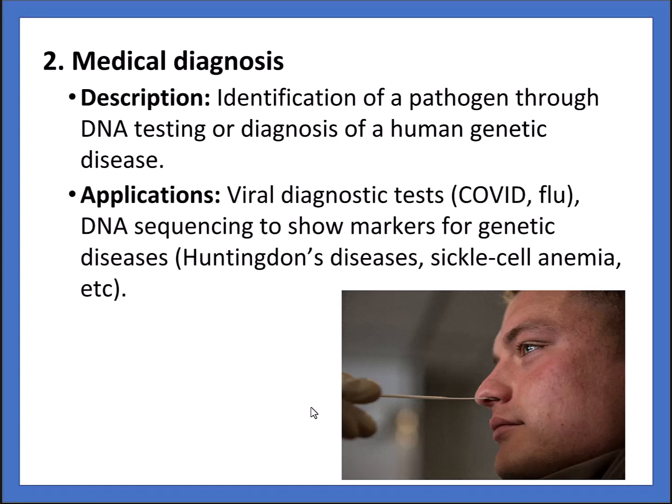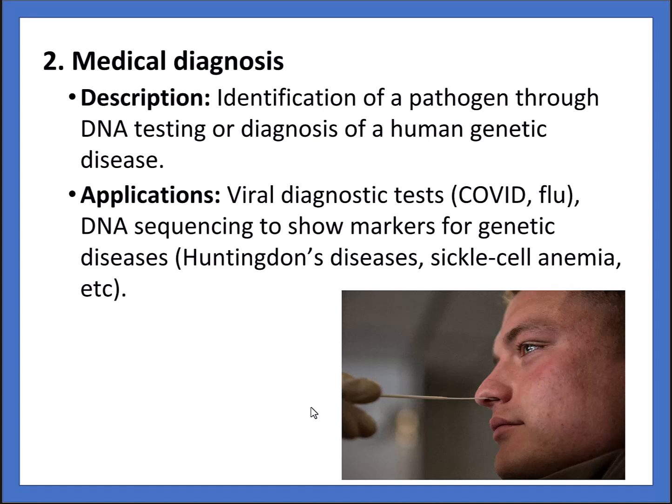Applications for this would be viral diagnostic tests. So when you go into the doctor and they do a nasal swab and determine that you do have COVID, or you do have the flu, or you do a COVID test at home, they are often looking for DNA sequences.